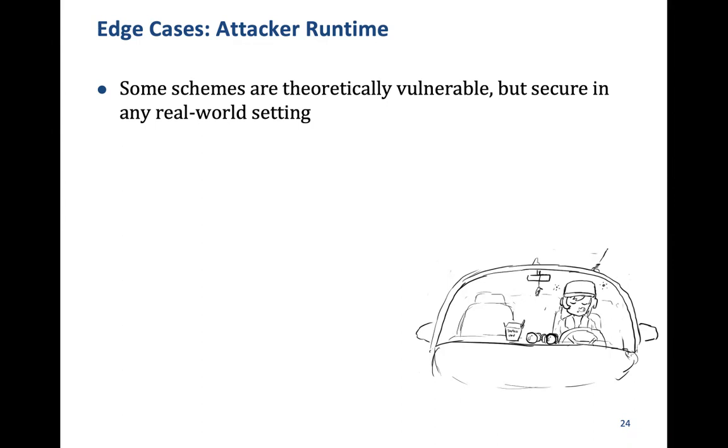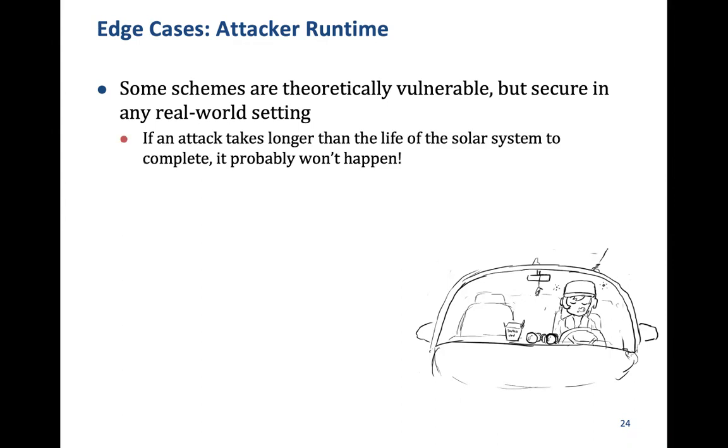But in practice, it could be very different, right? For example, let's say the attacker takes 100 years to break it, not a million years. Then the attacker won't attempt it, right?